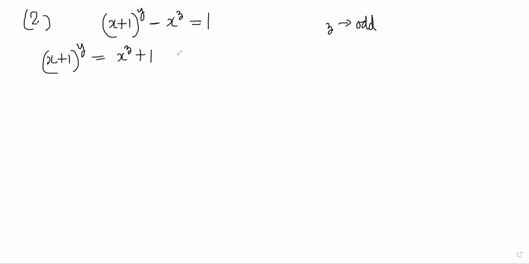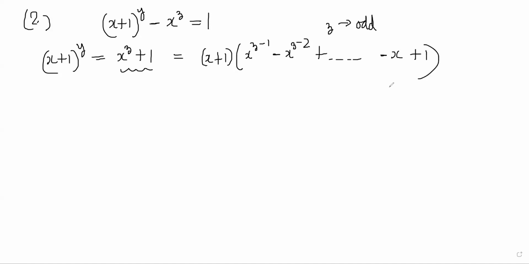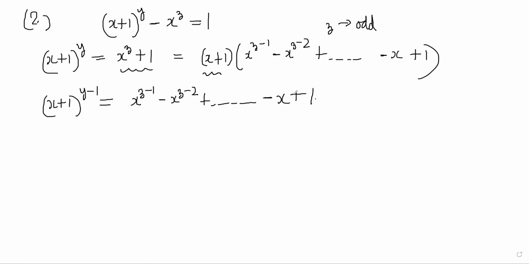So since z is odd, we can factorize this like (x+1) times (x^(z-1) - x^(z-2) plus alternating signs in this factor, minus x plus 1). This is what we get after factorizing. So obviously we can cancel one factor here. We'll get (x+1)^(y-1) is equal to x^(z-1) - x^(z-2) and so on. This is the expression that we end up with, right?